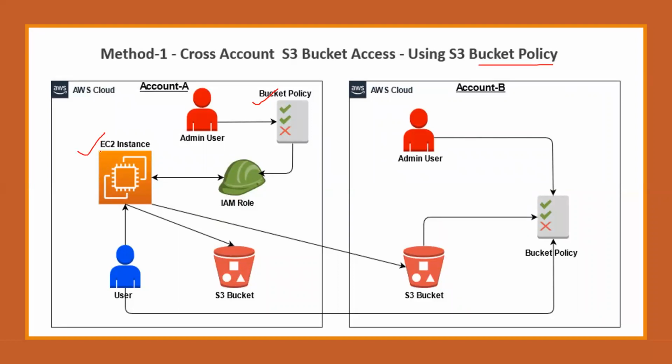Our intention is that we need to run the command from this EC2 instance and access the bucket of the other account. For this, I have taken 2 accounts, account A and account B, in the same AWS cloud. In the first account, where the bucket resides, we will create one bucket policy.